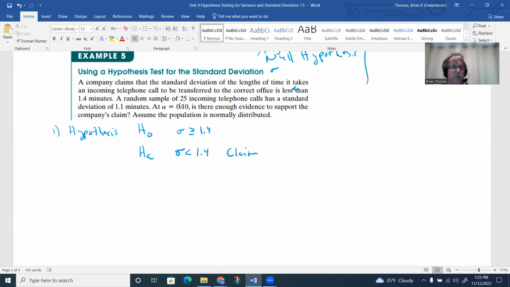So our next step is to identify the critical values. This is going to be the table. To do the table, we have to understand whether it's left-tailed or right-tailed. Notice that our alternative hypothesis is less than. Less than means we have a left tail.